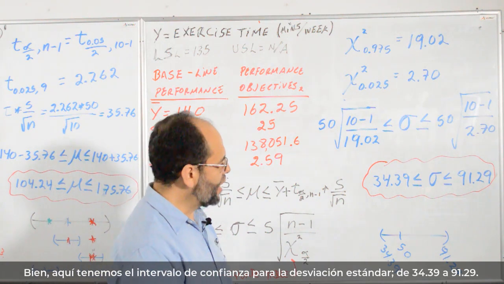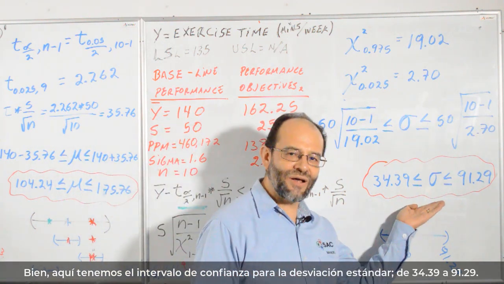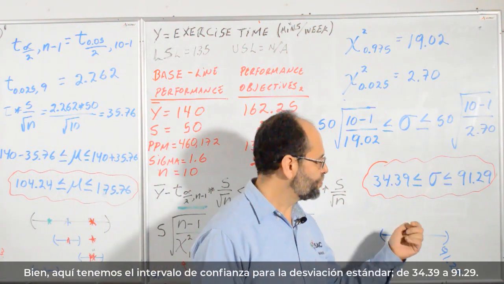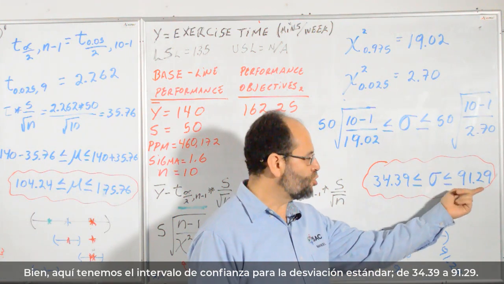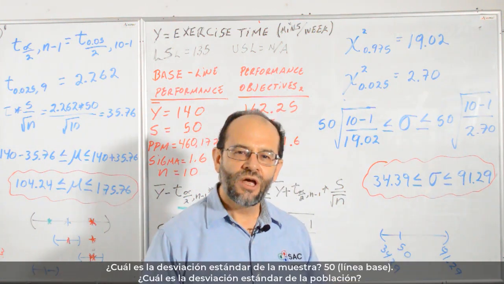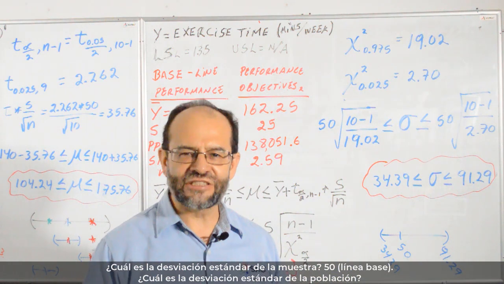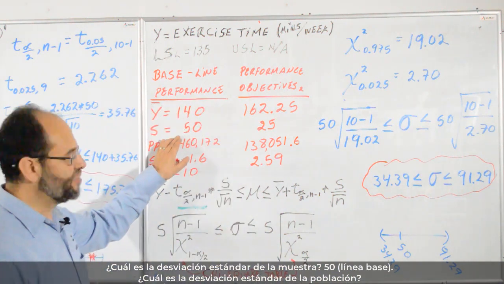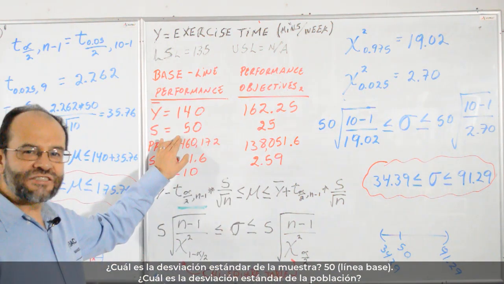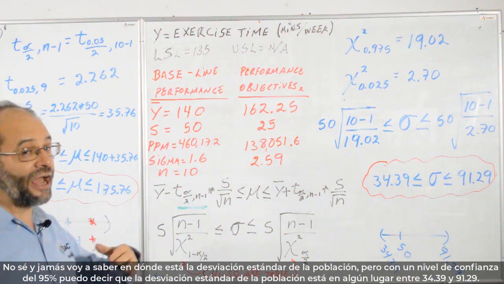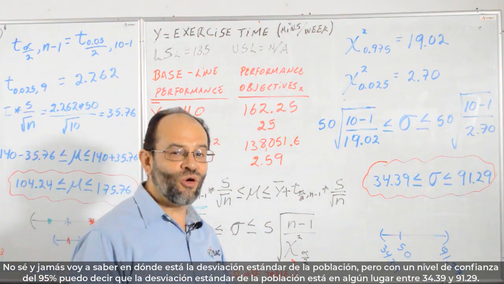Well, here we have our confidence interval for the standard deviation: 34.39 to 91.29. What is the standard deviation of the sample? 50, the baseline. What is the standard deviation of the population? I don't know, and I'm never going to know.